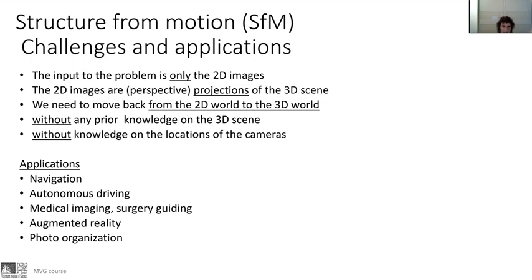We have to take these 2D images and move back from the 2D world to the 3D world. This is without any prior knowledge of the 3D scene and without any knowledge of the location of the camera. This problem is relatively challenging. Relevant applications are navigation and autonomous driving. Also in medical imaging, you can use 2D to 3D for surgery guiding, augmented reality, photo organization, and more. There are many applications.